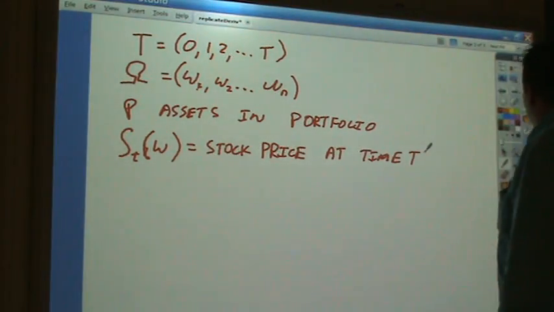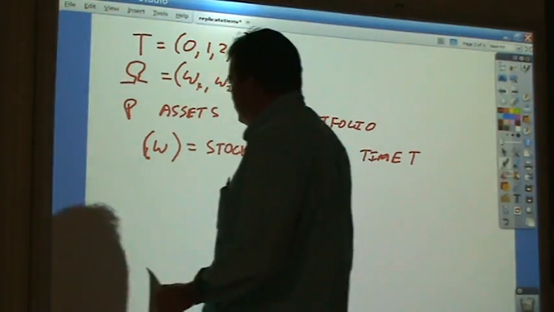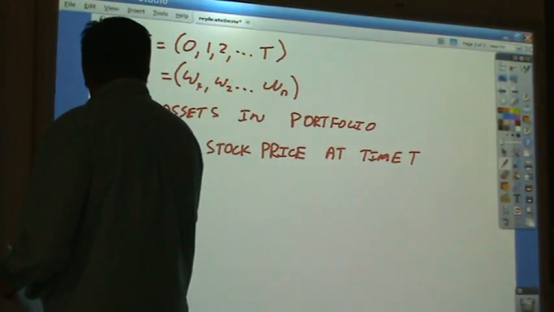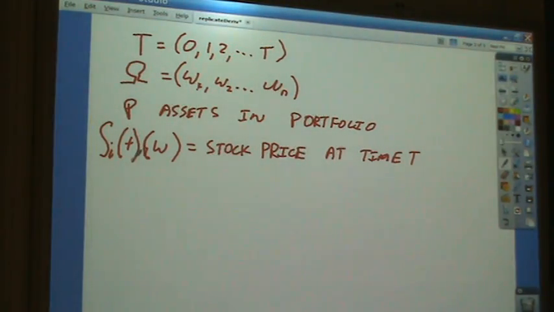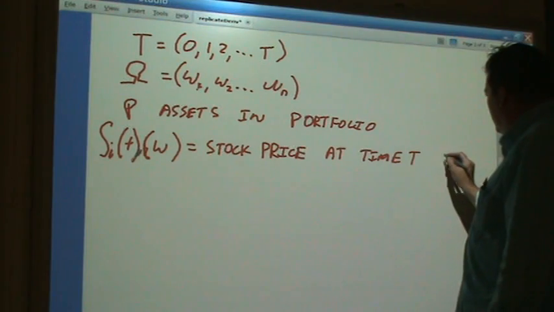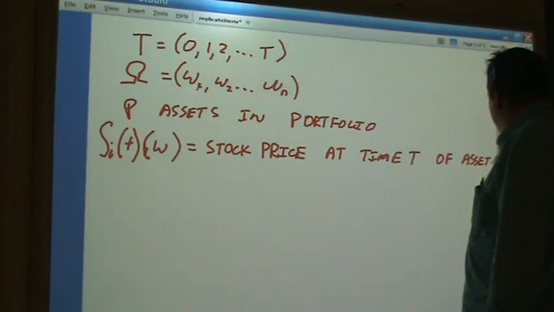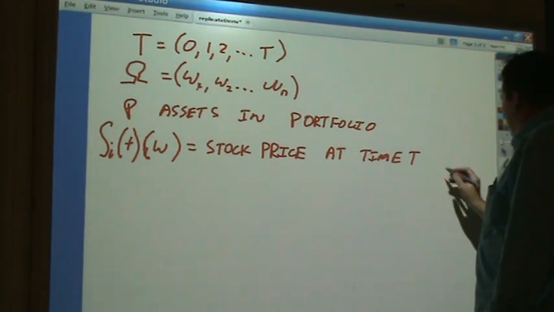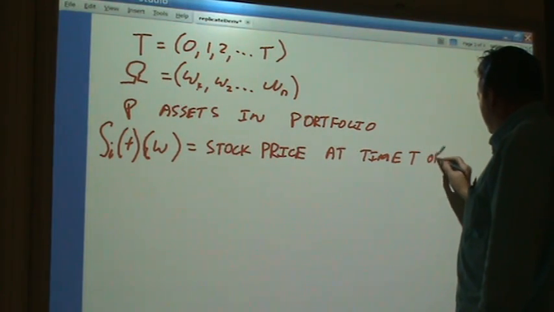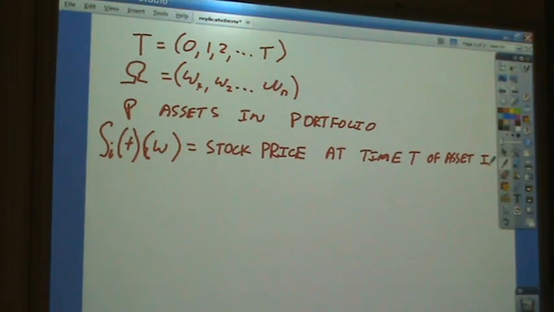And if we wanted to, I'll write it this way, I'll say the stock price of asset I at time t. So there are two parameters, time and the market condition. This is the stock price at time t of asset I.